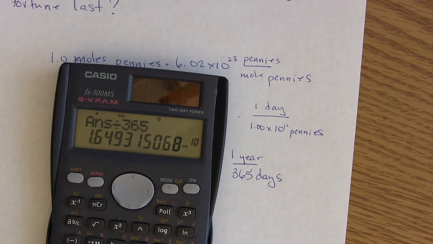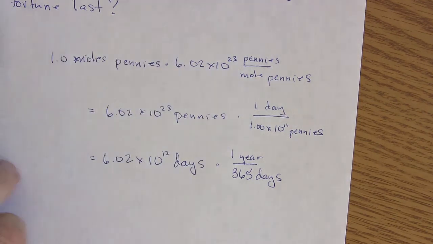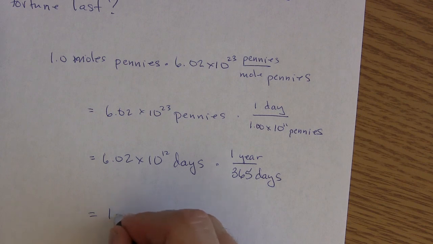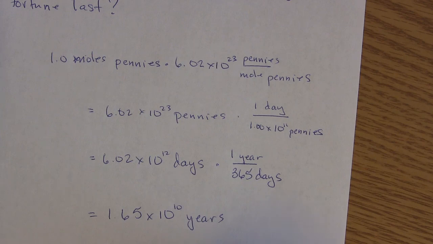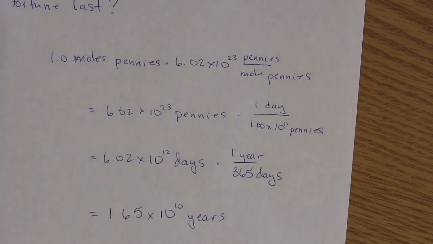And we get 1.6 times 10 to the 10th years. Or 16 billion years. Now this number is something like longer than the age of the universe.